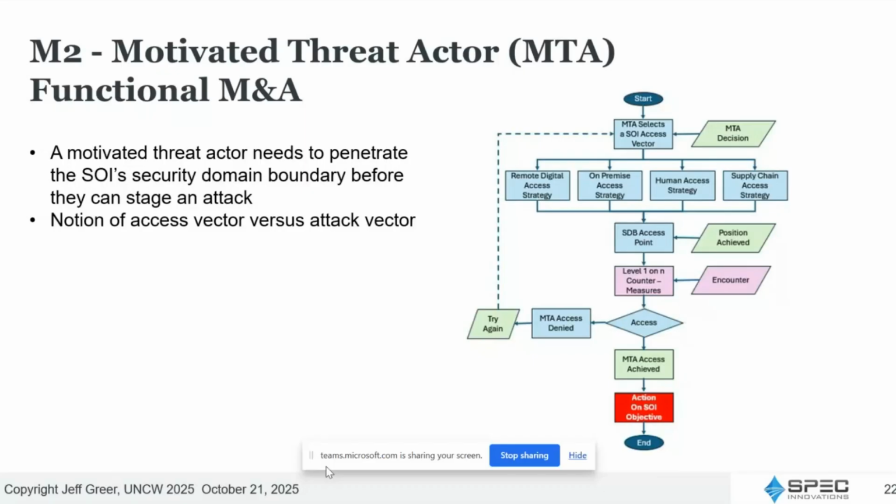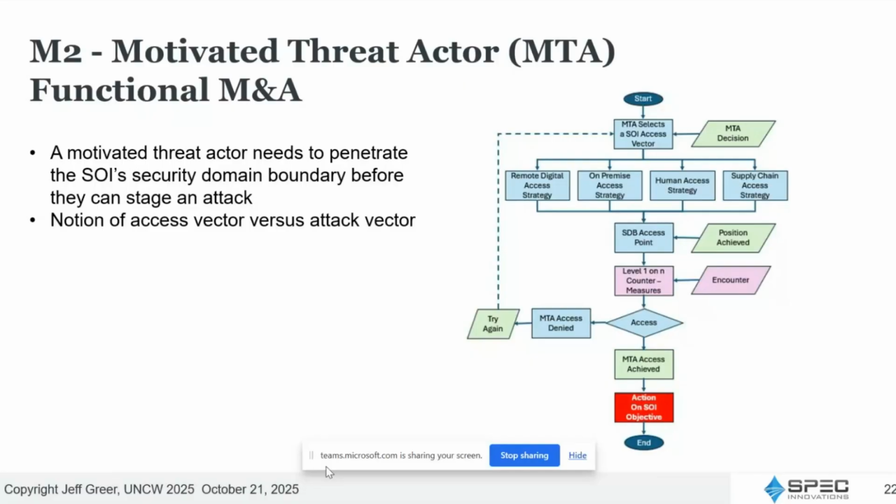So what's the strategy to get through the security domain boundary? They need to pick an access vector. We mentioned the four. Do they look at the remote digital access strategy, on-premise access strategy, human access strategy, or supply chain access? Then they start looking for the security domain boundary access point. That's the position that they need to achieve.